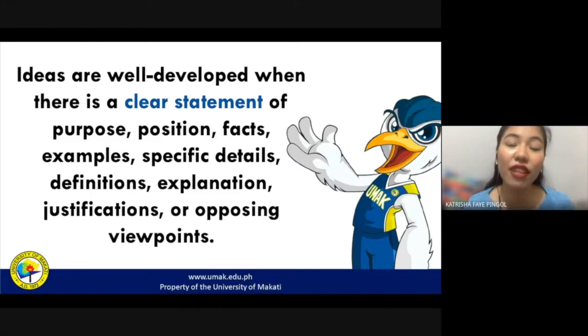Are those definitions, are those terms, are those ideas explained? Are there any justification for whatever idea was indicated in your text? Or are there opposing viewpoints that are explicitly or implicitly stated? So all of these things, you have to recognize that when there is a clear statement of all of these things, that means that you are practicing organization.